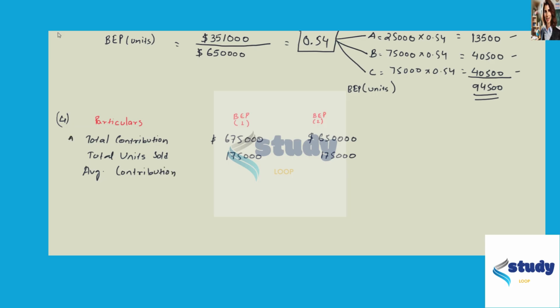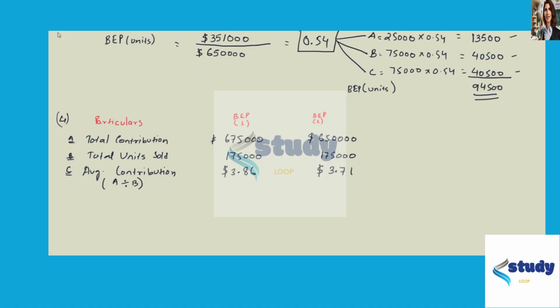So if we calculate average contribution here per unit, that is if total contribution is A and total units is B, then average contribution will be A divided by B. So for option 1, we will be having average contribution as $3.86, and for the second option we will be having $3.71.